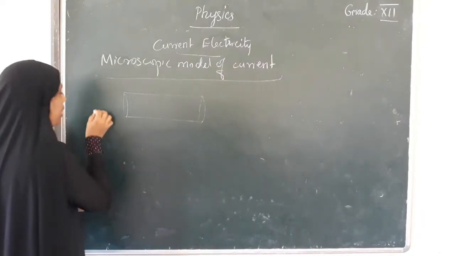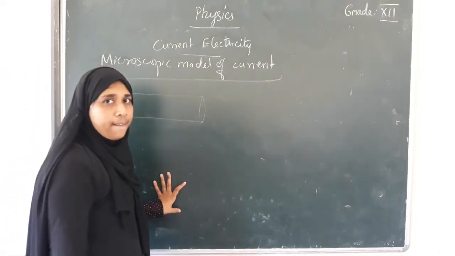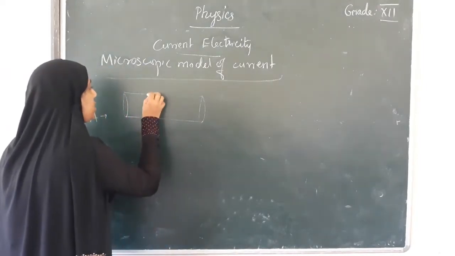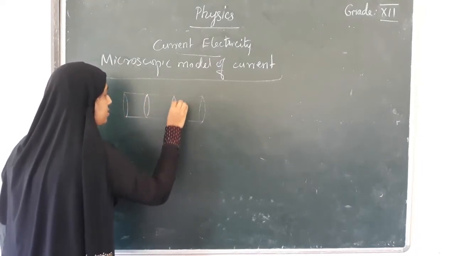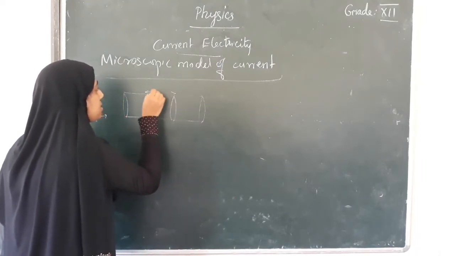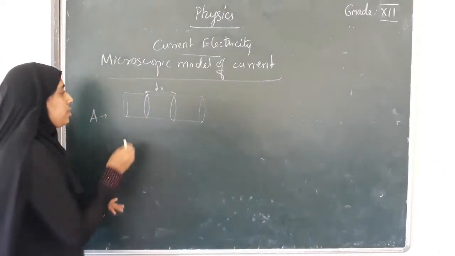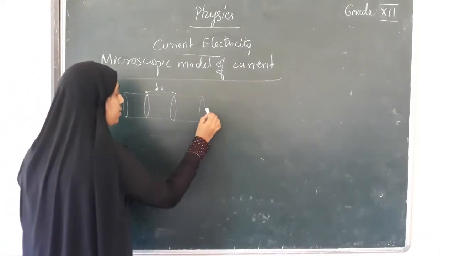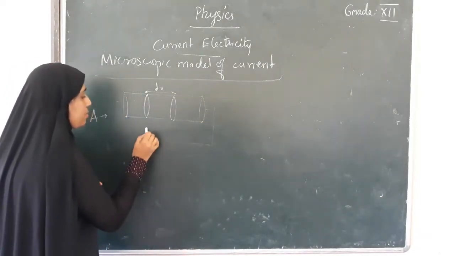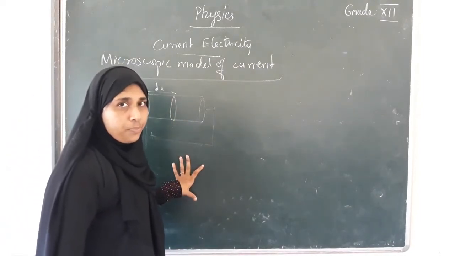Let A be the area of cross section of the conductor. Here we are considering a particular length element dx. The conductor is connected to a battery, and a potential difference is set up across it.